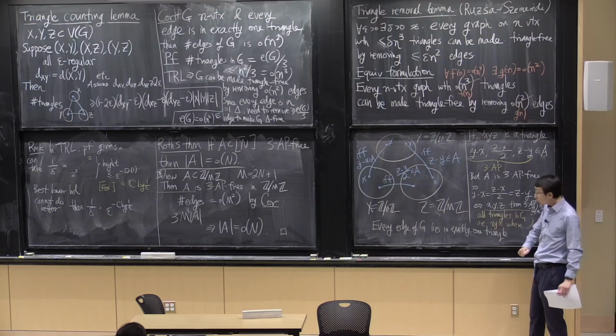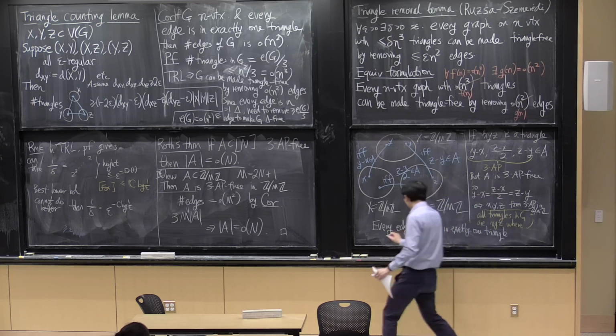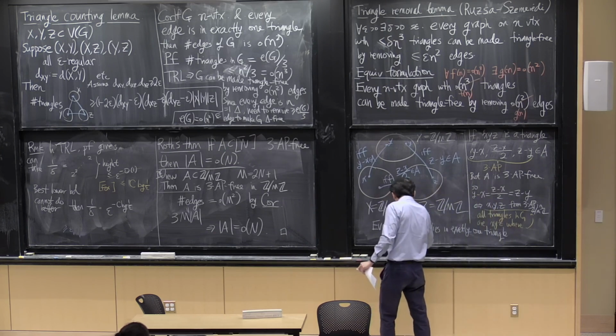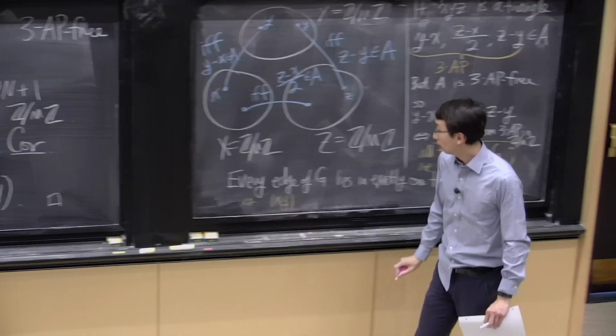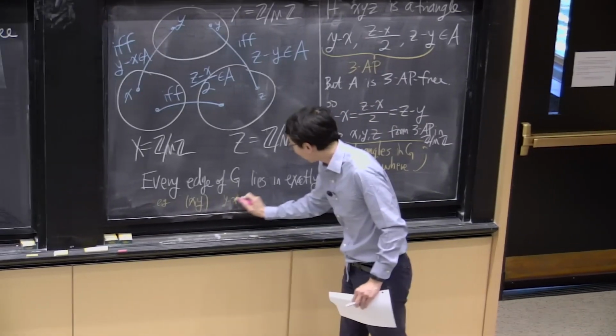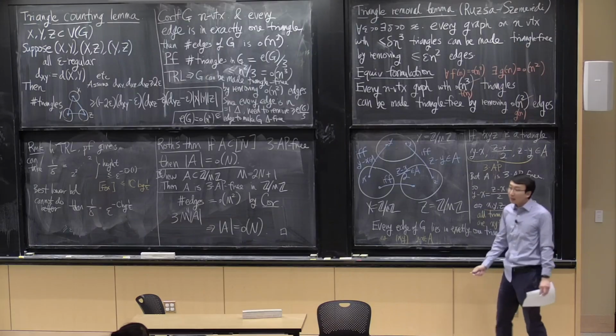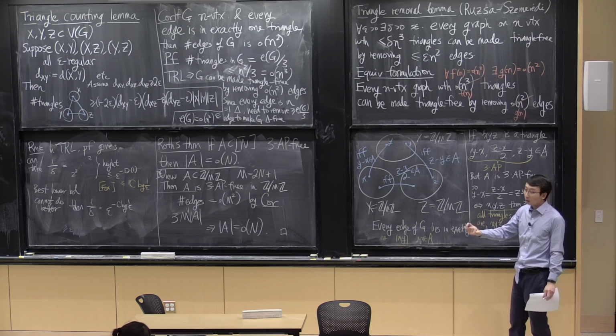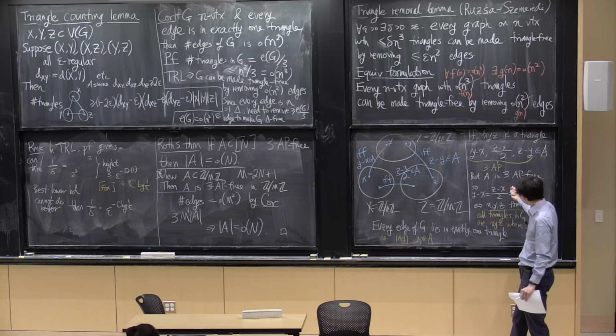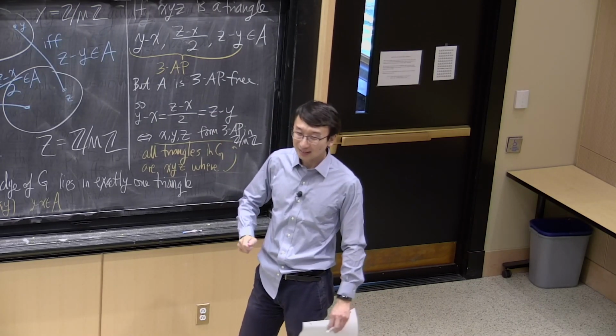Okay, so I give you an edge, for example XY, such that Y minus X is in A. And I claim there's a unique Z that completes this edge to a triangle. And it tells you what that Z is.